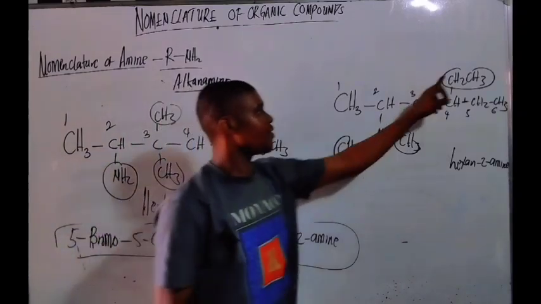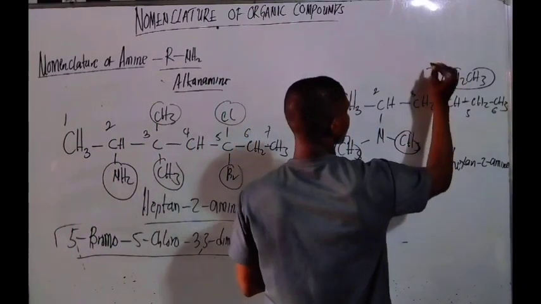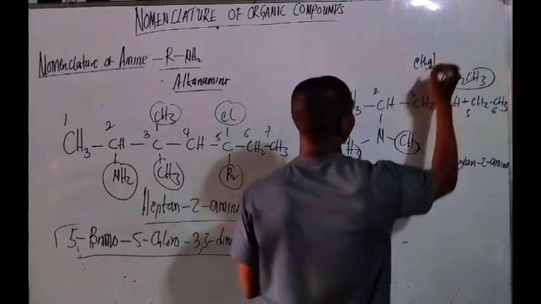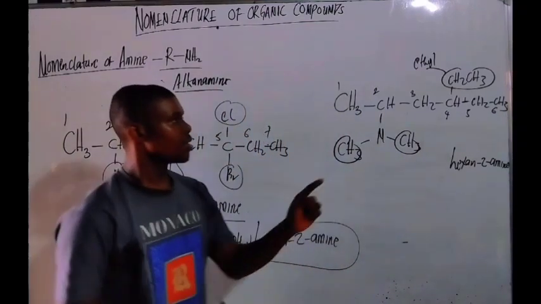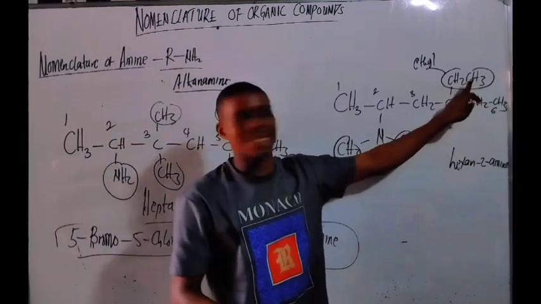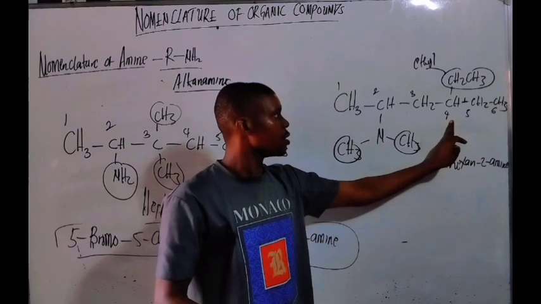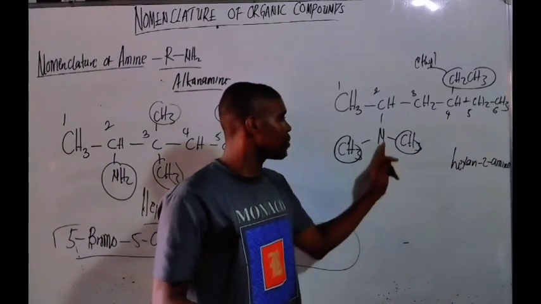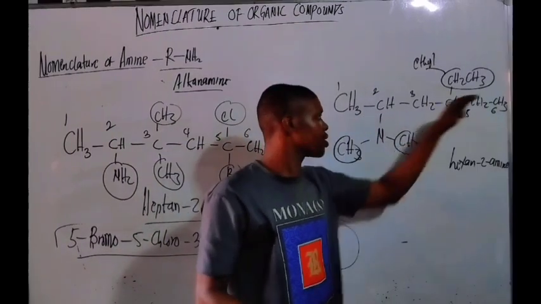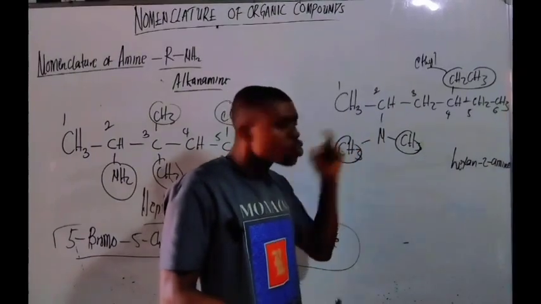Now, here we have a methyl, here we have an ethyl, and here we have another methyl. This ethyl is attached to carbon 4, and this methyl is not attached to the chain. It's attached to the nitrogen. So how do we name it?